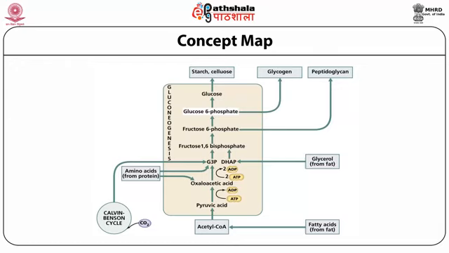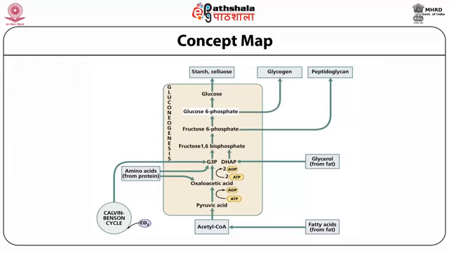If you see the entry points, the Calvin Benson cycle enters at glyceraldehyde triphosphate. From amino acids, that is from protein, there are two entry points, glyceraldehyde triphosphate and oxaloacetic acid. From glycerol, that is from fat, the entry is dihydroxyacetone phosphate. Then from fatty acid, again from fat, it is acetyl CoA.